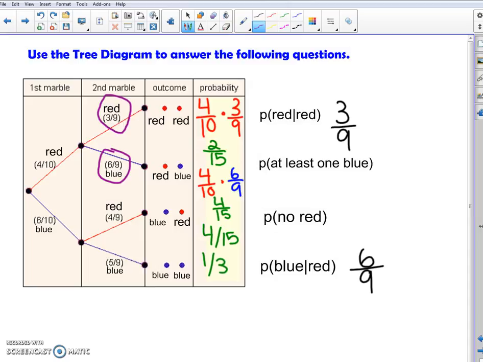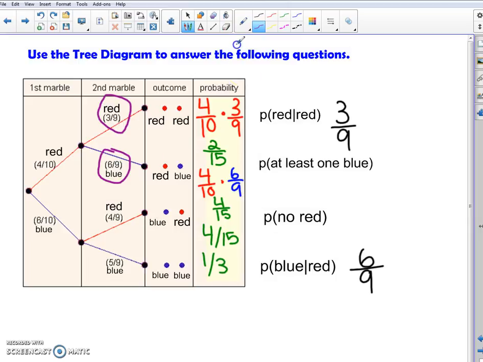Okay. Now we're going to take a look at probability of at least one blue. So this is looking at both picks, right? I pick 2 marbles. I just want one of those 2 marbles to be blue. So if I pick a red the first one and I pick a red again, I'm not going to get a blue. But if I pick a red and then I pick a blue, at least one of those is blue.